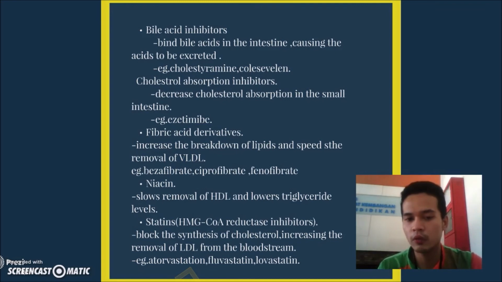Lastly, the group of drugs for treatment of dyslipidemia is statin. Mechanism of action is to block the synthesis of cholesterol, increasing the removal of LDL from the bloodstream. Examples of statins are atorvastatin and fluvastatin.